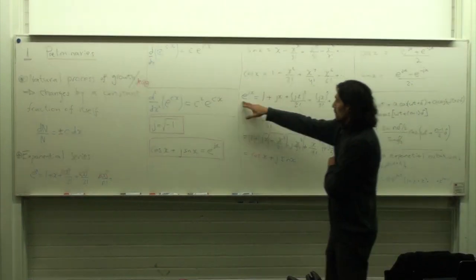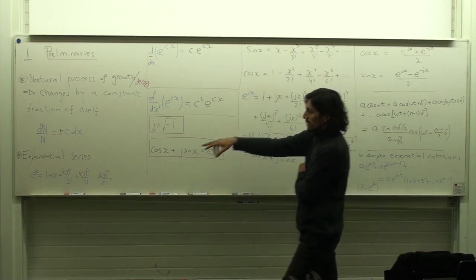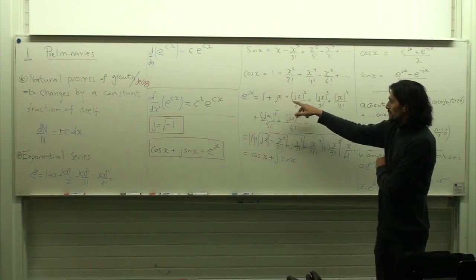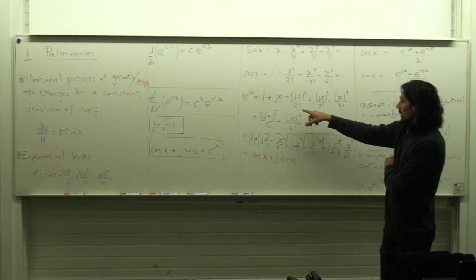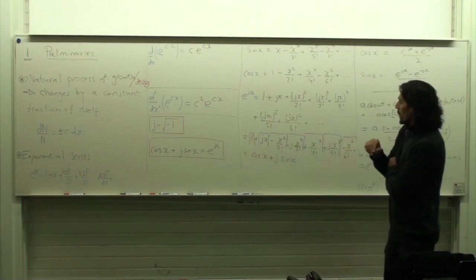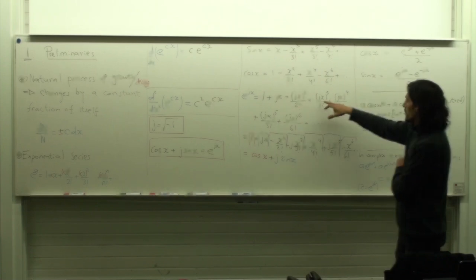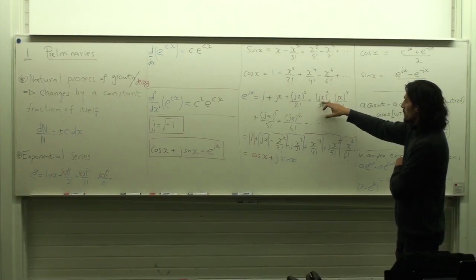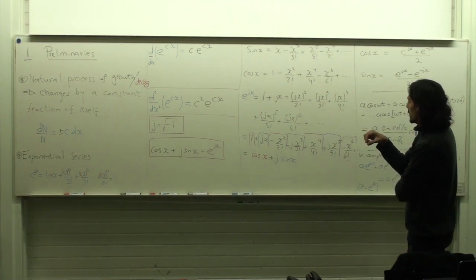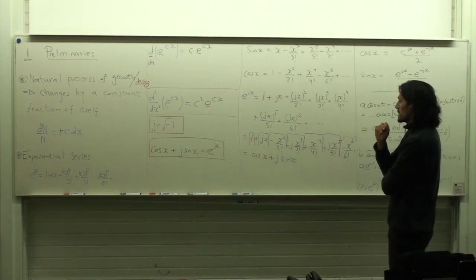We can show this actually if we write e to the power jx. What is e to the power jx? I can substitute j instead of the c here. So I have the following: 1 plus jx plus (jx) squared divided by 2 factorial plus (jx) to the power 3 divided by 3 factorial and so on. Noting that j squared would give me a minus sign, j to the power 3 would give me a minus j in front of the x to the power 3 here, and j to the power 4 would give me twice minus sign, so it would give me a plus sign.